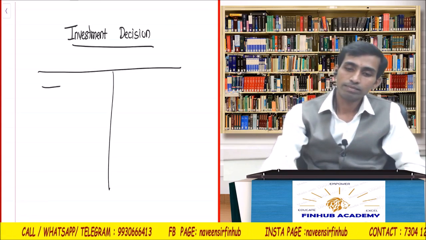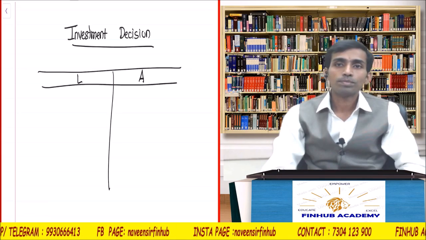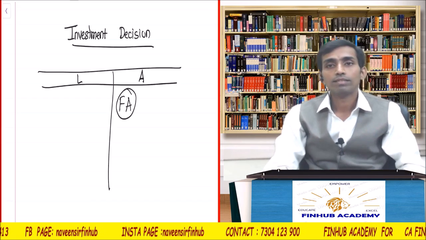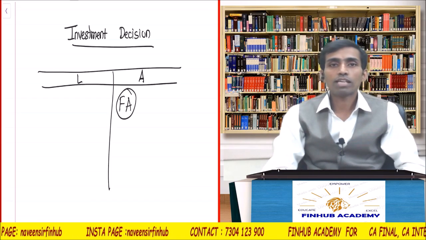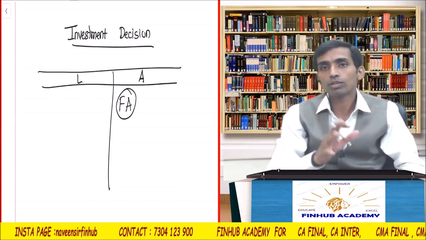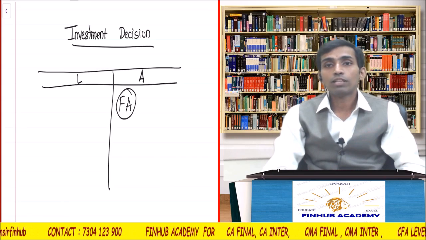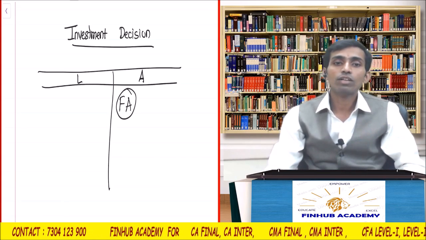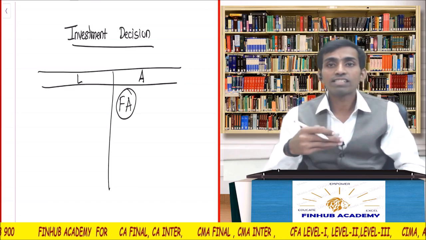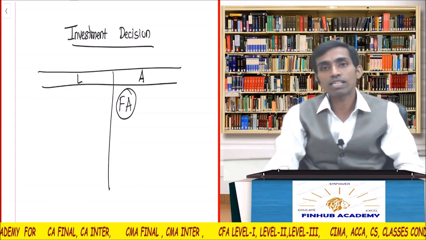This is the balance sheet. Here there are fixed assets or non-current assets. Whether to buy a machine or not, that is a decision of investment. Whether to take up a project or not, that is also a decision of investment. All this gets covered in investment decision, which is the next chapter I'm going to teach you.